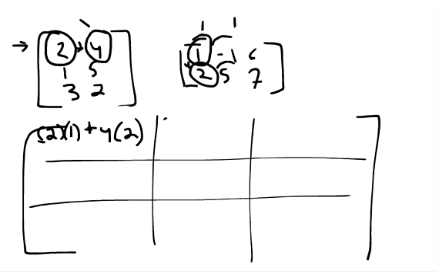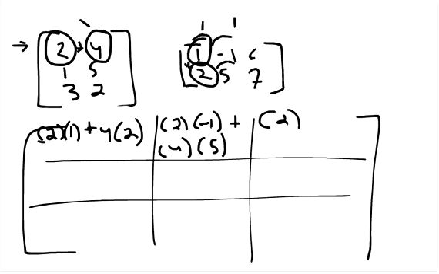So let's go ahead and do that. 2 times negative 1 plus 4 times 5. And then we do the same thing for the upper right hand number. So now we do 2 times 6 plus 4 times 7.